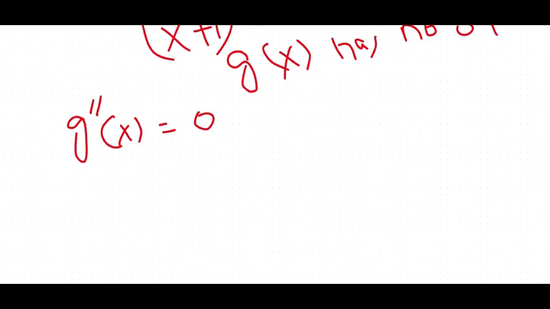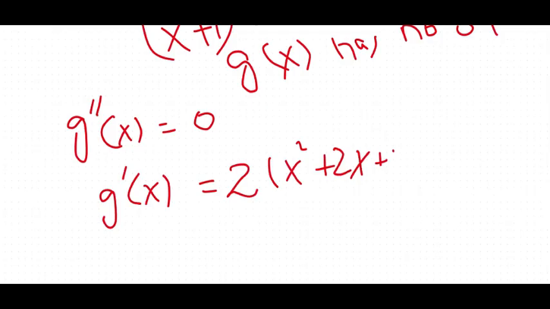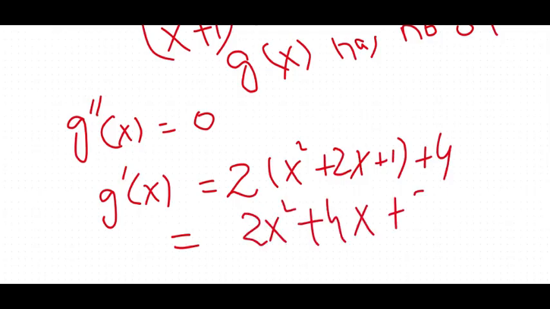Like we say g prime of x equals 2x squared plus 2x plus 1 plus 4. I'm just going to simplify this equation: 2x squared plus 4x plus 2 plus 4.